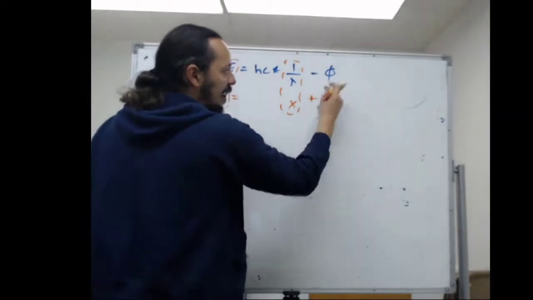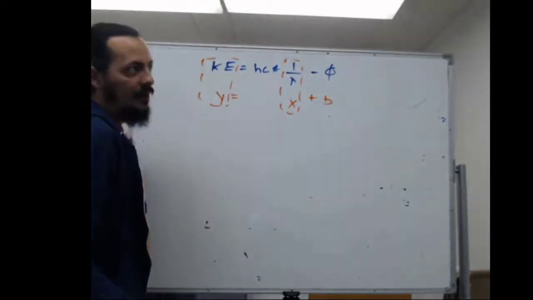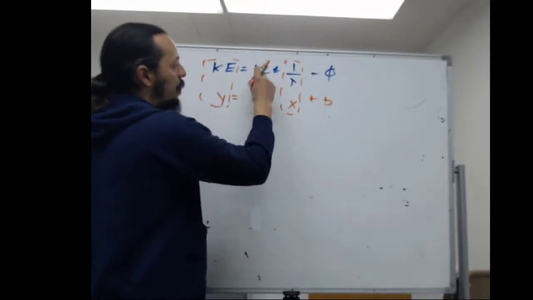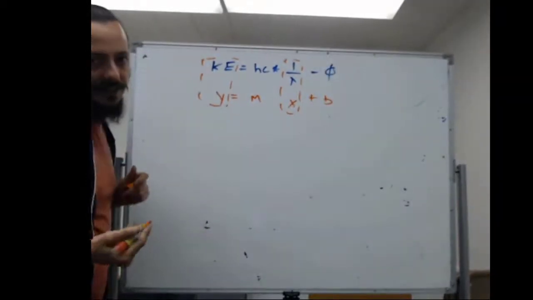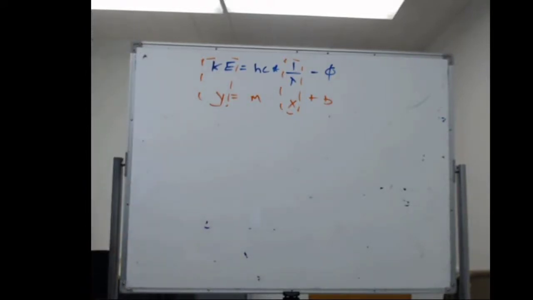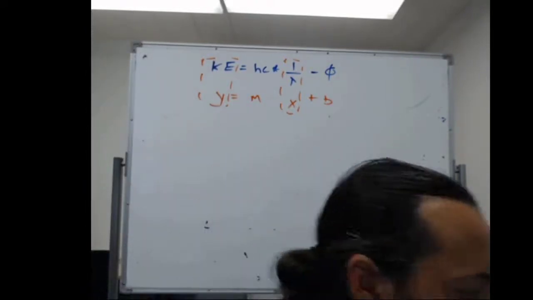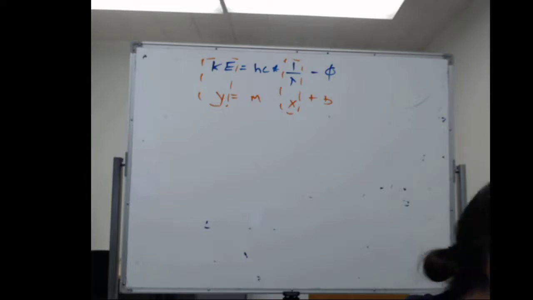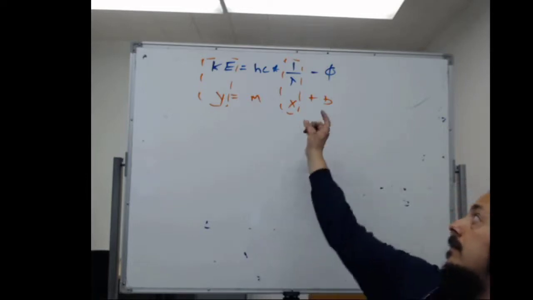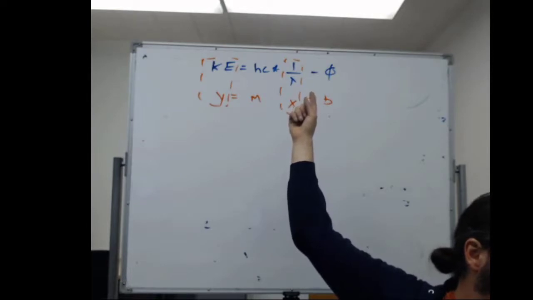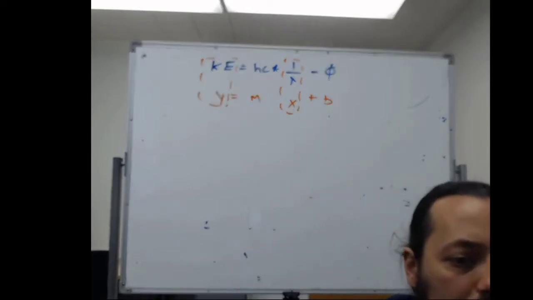Then my intercept will be the work function, and my slope will be Planck's constant times the speed of light. So if we make our plot correctly, we should be able to read the answer for part 1 and part 2 right off of our graph.